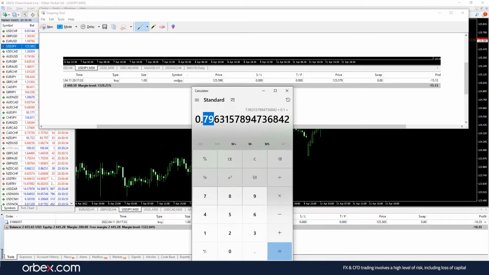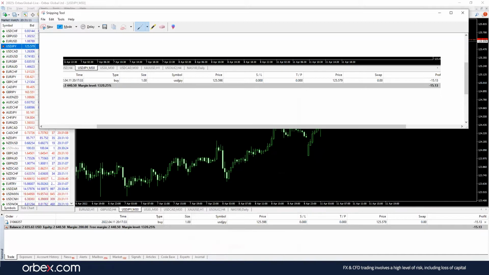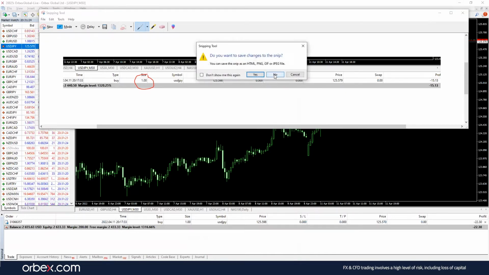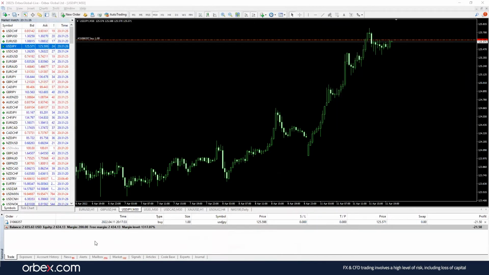And then the pip value will be lowered even further if I do a 0.01 lot or a micro lot of any amount, 0.05, 0.06. You get the general idea. So this is why it's important in the calculations with your lot size, the pips per lot, and your leverage as well. So these three factors are the main factors when calculating the margin, P&L and other things that we've been going through at the moment.